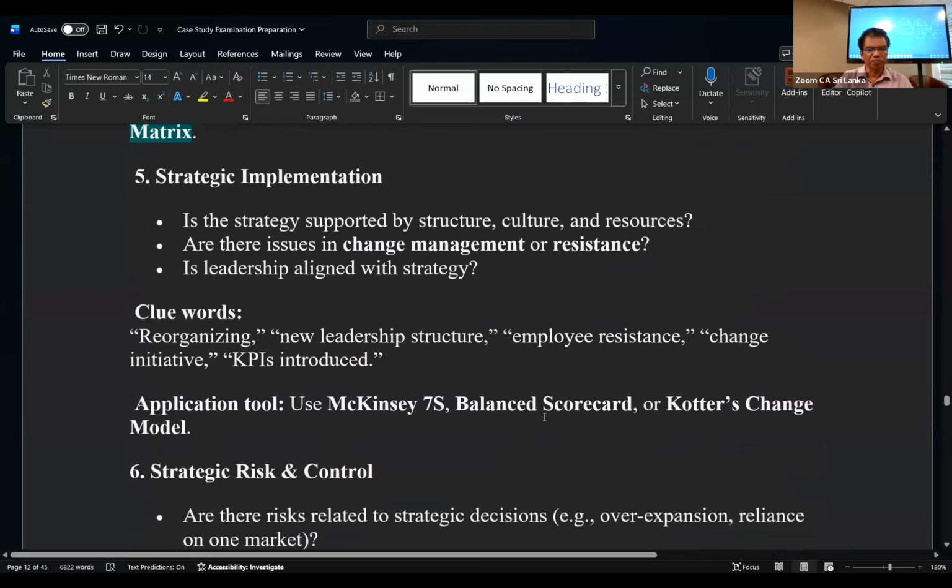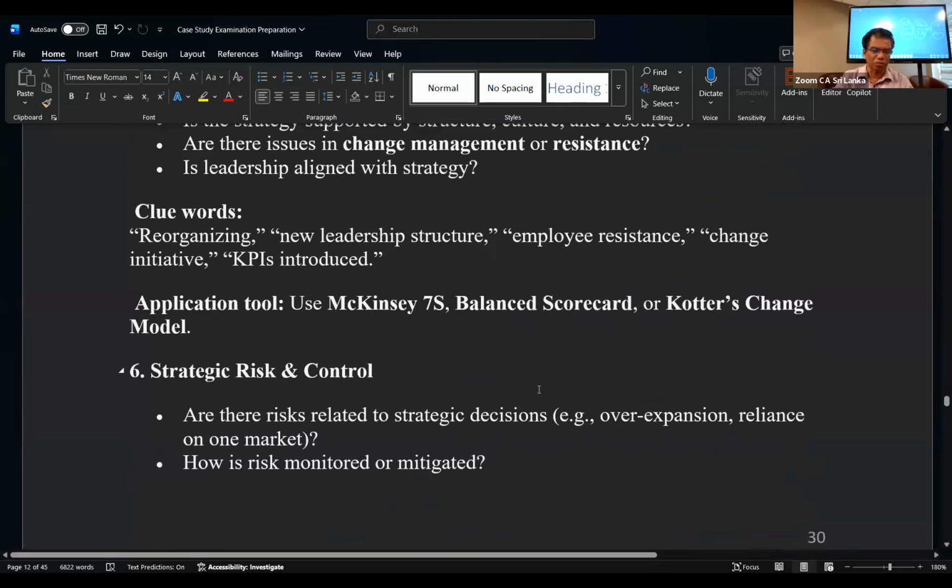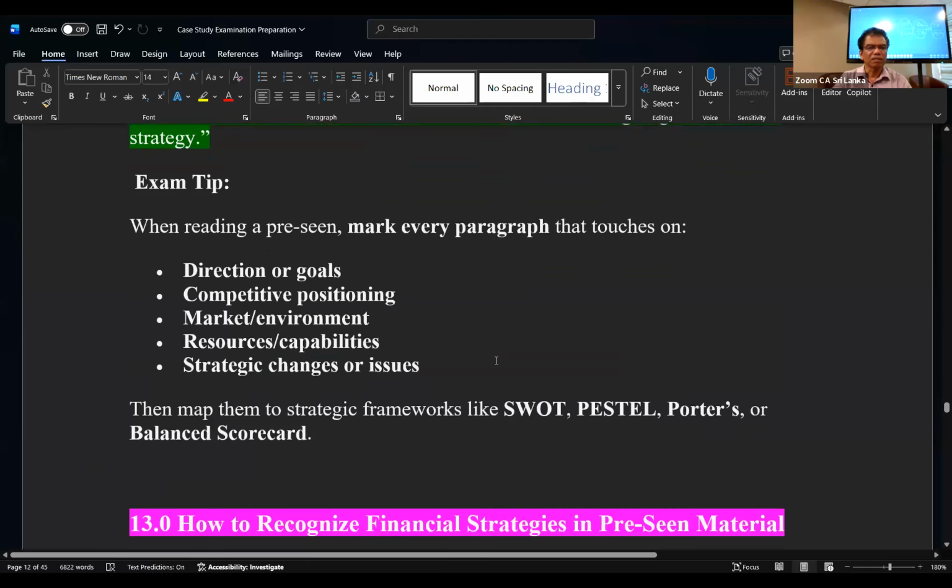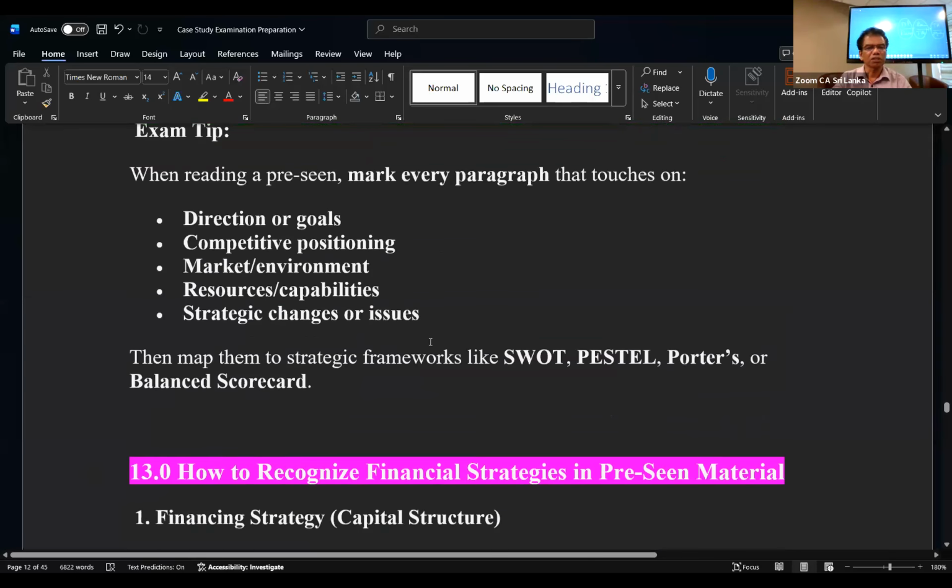Whenever you find this kind of thing, as I already mentioned, when you read it, mark it and then find out, this is a performance dashboard, midterm review. So this is coming in performance monitoring and strategic evaluation. Then the examination tip: direction or goals compared to positioning, market environment, those things.